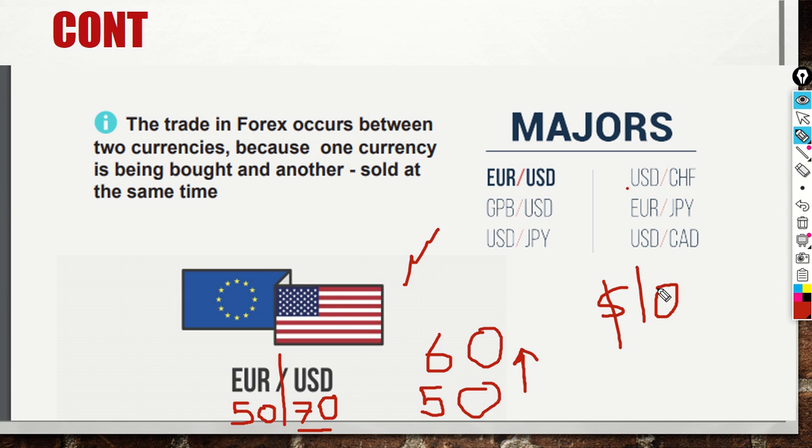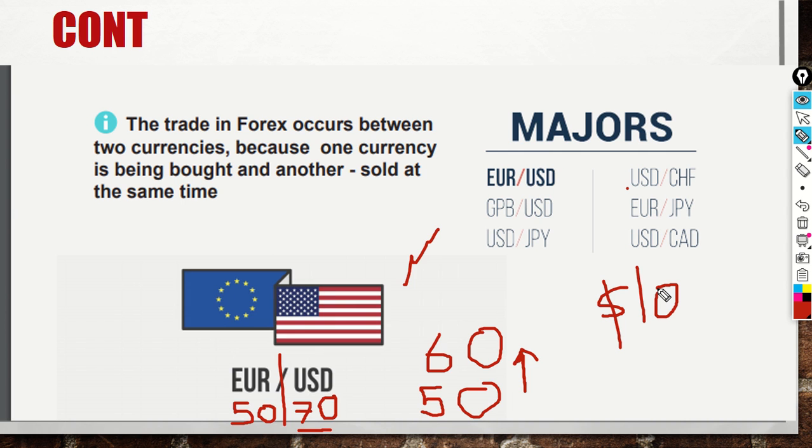You have your own money, you buy another currency. In this example, I buy the USD, I have 70 United States dollars, I keep them, I wait for the rate to change. After the rate fluctuates, my 70 United States dollars is now worth 60 euro. I have made a profit of 10.